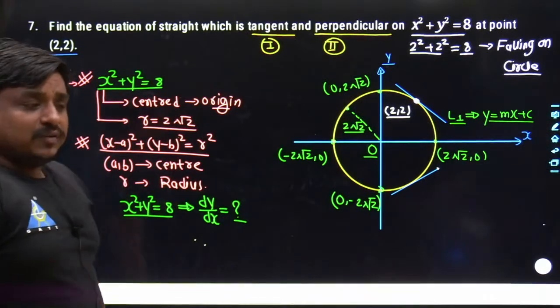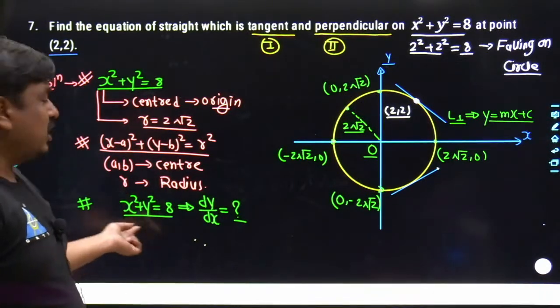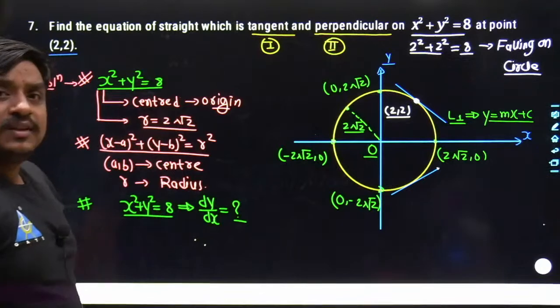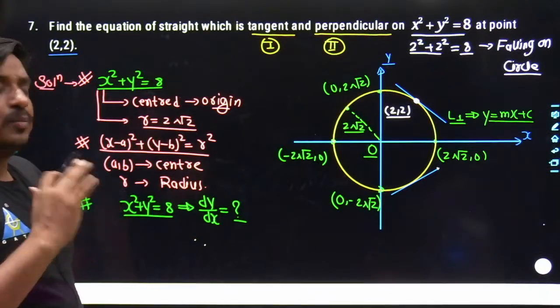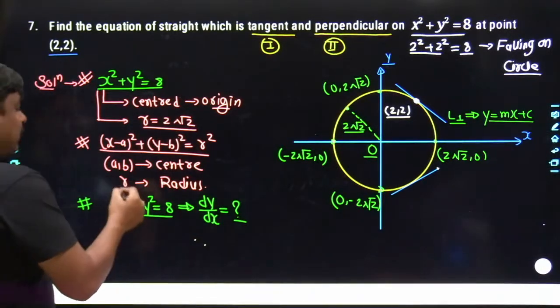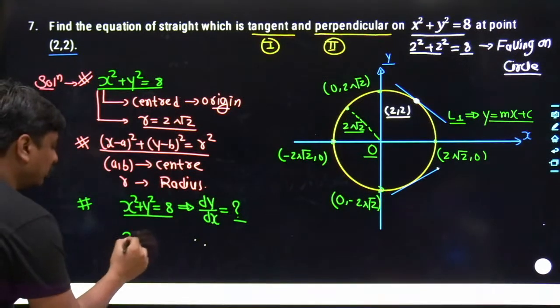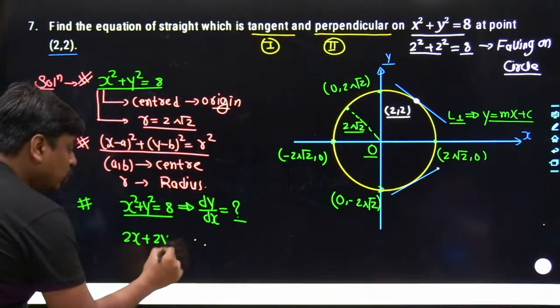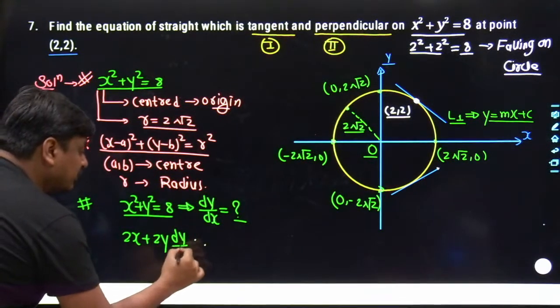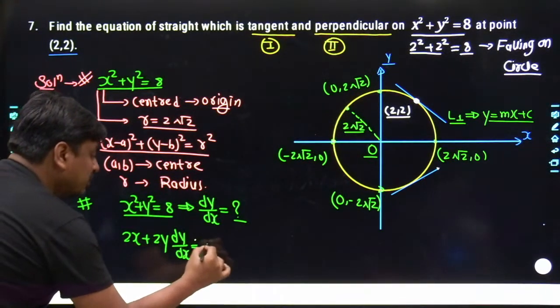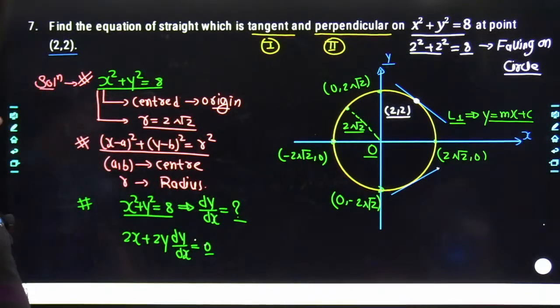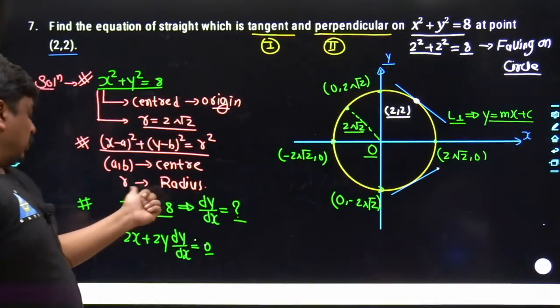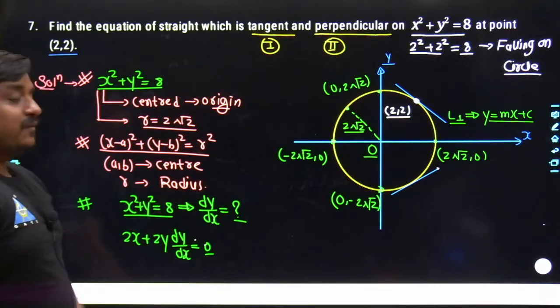For the calculation of dy by dx, you are going to differentiate with respect to x on both sides. Once we differentiate x square with respect to x, the result would be 2x, and once we differentiate y square, the result would be 2y dy by dx. I have seen many times students make mistakes at this point of calculation. For y square, the 2 would come out, and again y would get differentiated with respect to x.